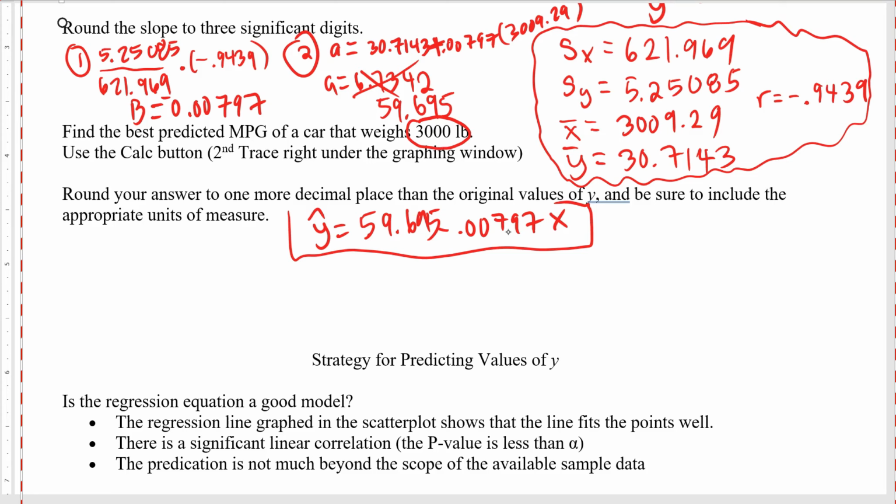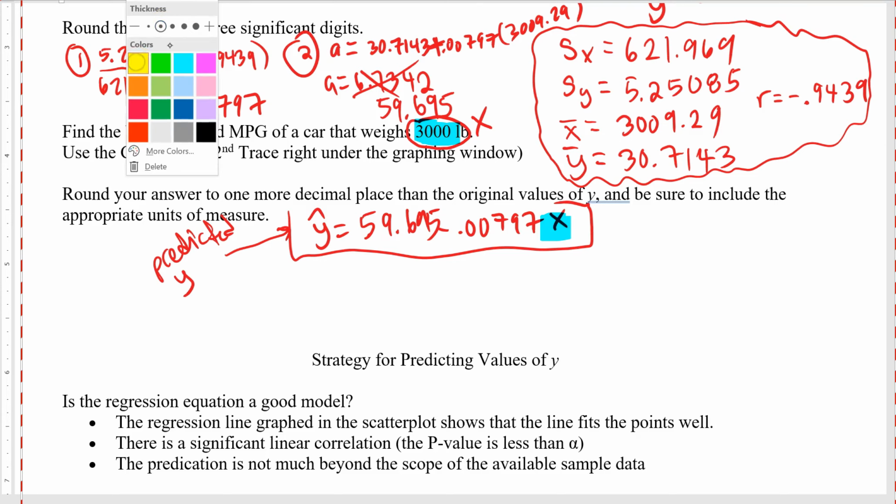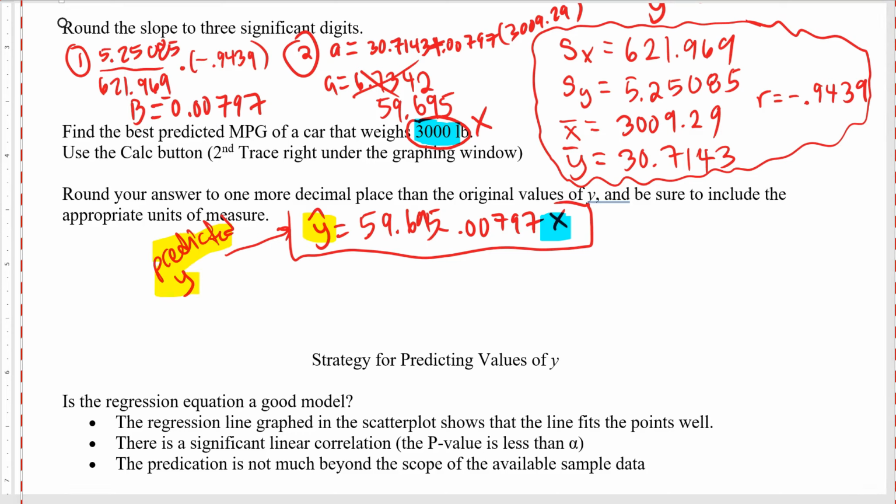Okay, well, that 3,000 pounds is an X. This line, Y hat, is a predicted Y value. I plug in that X, that 3,000 for the X, and I get out a Y, or a predicted Y. So literally it's just Y hat is equal to 59.695 minus 0.00797 times the X. And that will give us a predicted value.